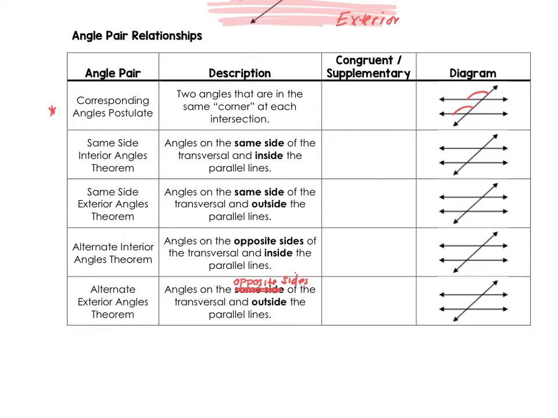So corresponding angles, when formed by parallel lines, so if we saw little arrows indicating that these two lines are parallel, these corresponding angles would be congruent. Okay, so corresponding angles are only congruent if the lines are parallel.